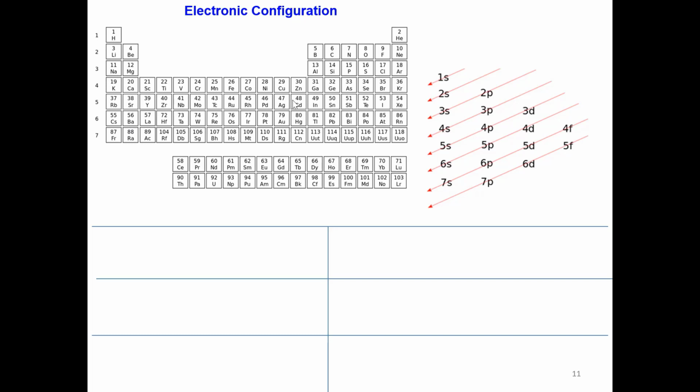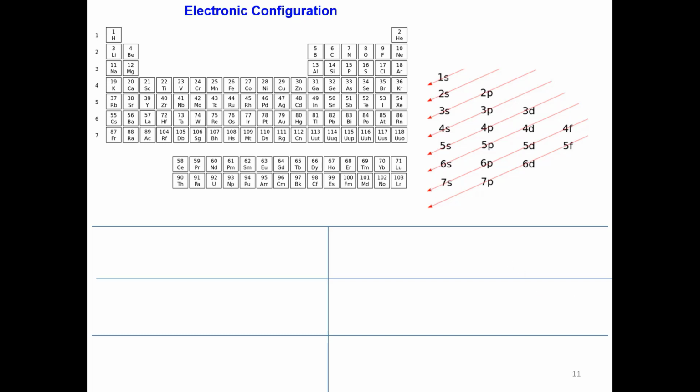Also, we will use this chart to write the electronic configuration of any of these elements. Remember, this chart shows the order in which the orbitals are filled. We will always start filling from the innermost orbital to the outermost orbital.